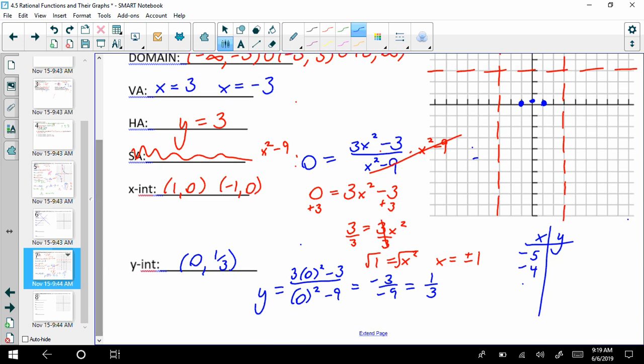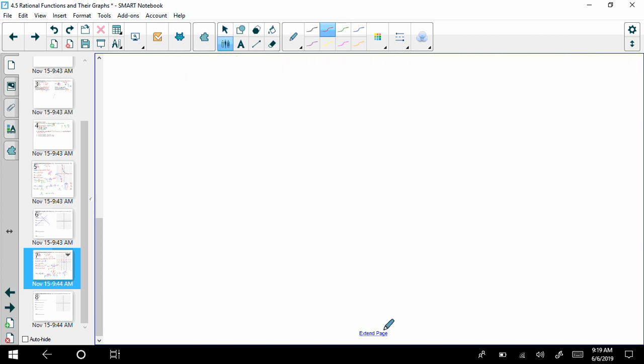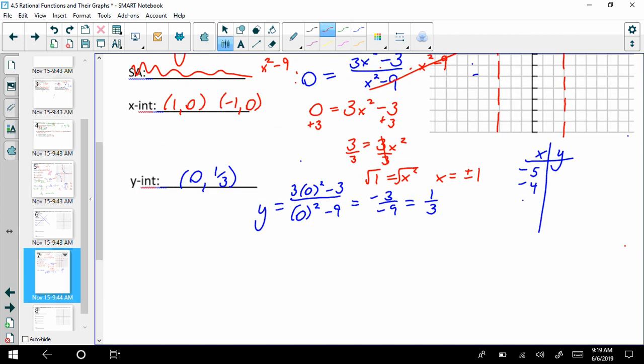So if I plug -5 in, I'll show you down here what's going to happen. So 3 times negative 5 squared minus 3, and then I have negative 5 squared minus 9. Let's do the numerator first. Negative 5 squared is 25. 25 times 3, 75. 75 minus 3, so the top becomes 72.